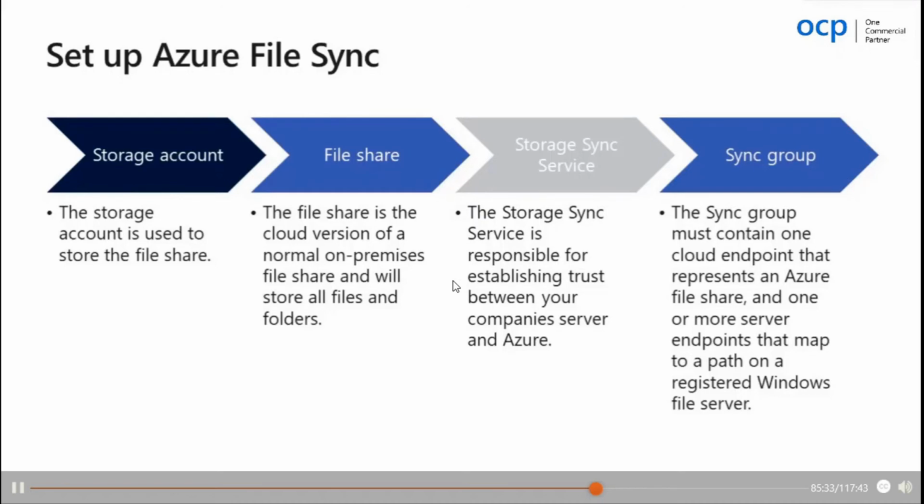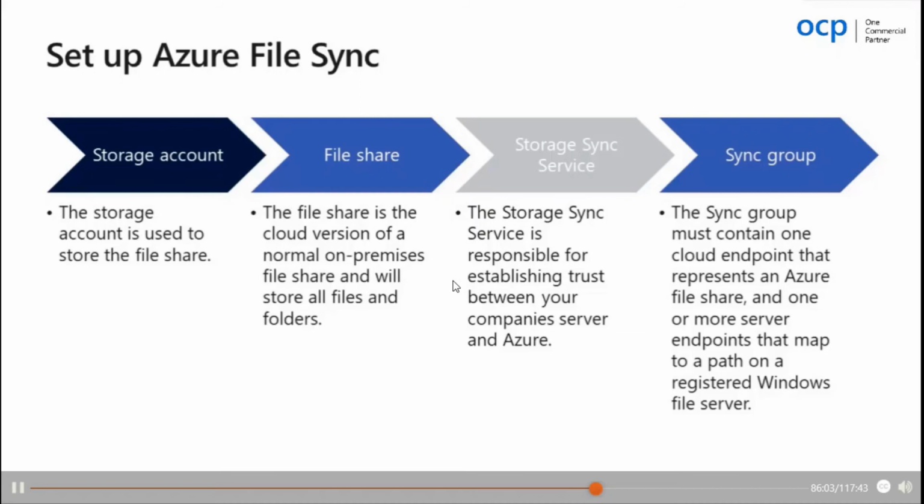The sync group will contain the cloud endpoint that represents the file share, and one or more server endpoints. And this is the big tip here: I have just one cloud endpoint that maps one file share, and that can map to more than one server endpoint. So I can have more than one registered server in the same sync group.